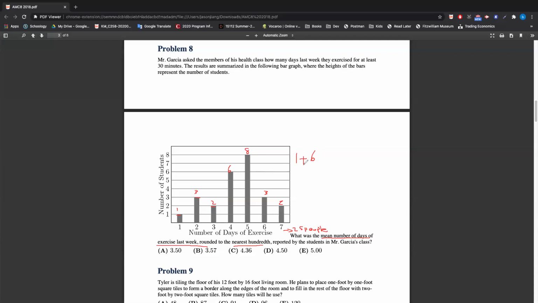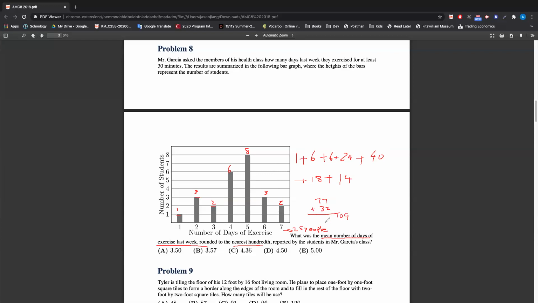So 3 times 2 is 6 again. 4 times 6, 24. 5 times 8 is 40. 3 times 6 is 18. And then 2 times 7 is 14. So we add these all up. 1 plus 6 is 7, plus 6 is 13, plus 24 is 37, 77. And then we just add this 32 over here, right? That's 109.